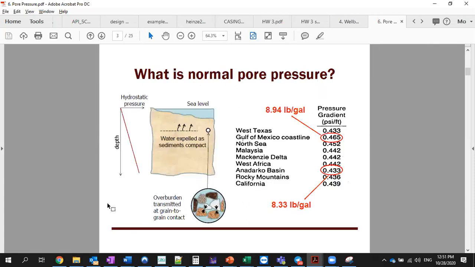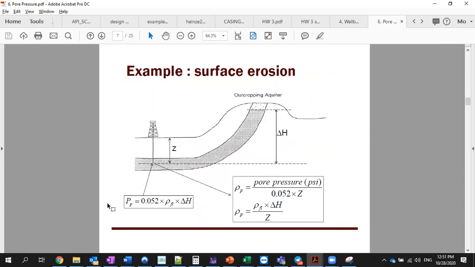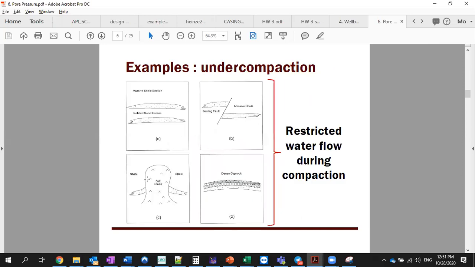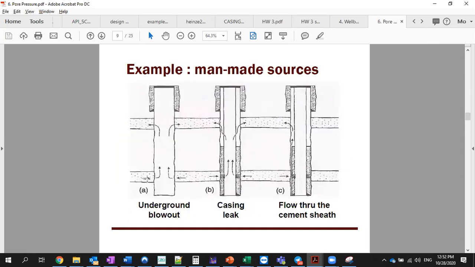That's what you do for your project. But what you need to do is to understand the concept of the pore pressure, right? For example, look at these examples and look at how abnormal pore pressure happens, right?